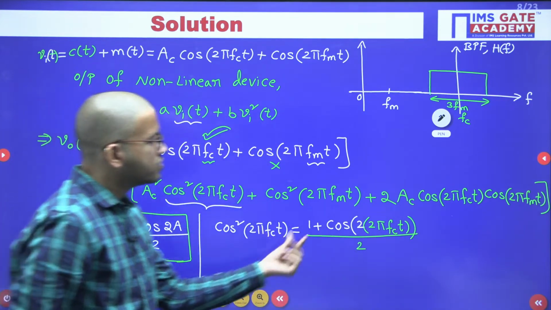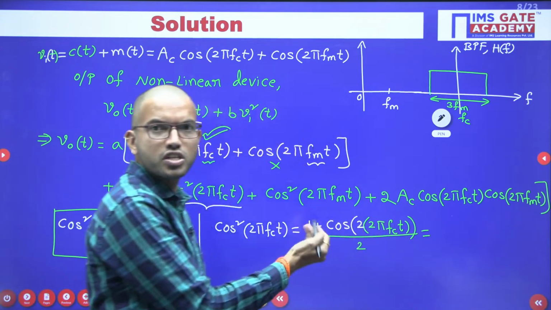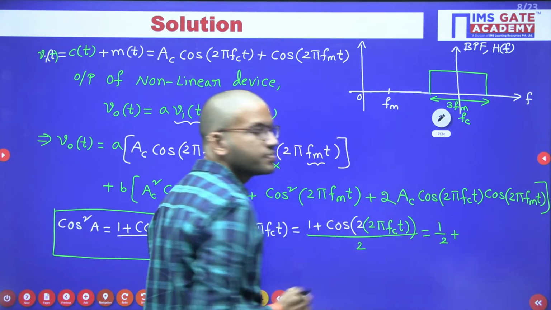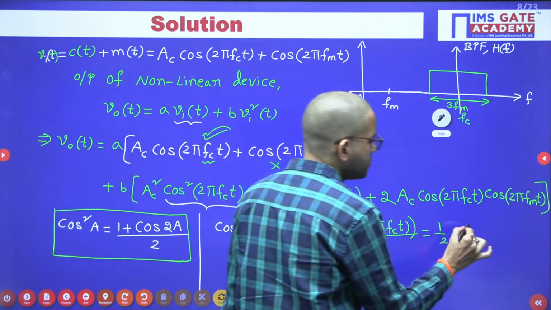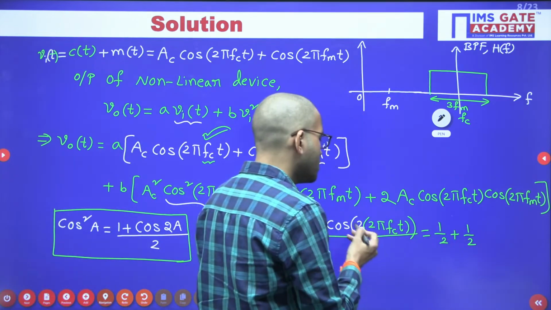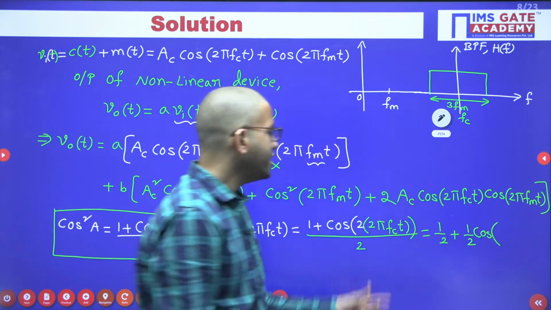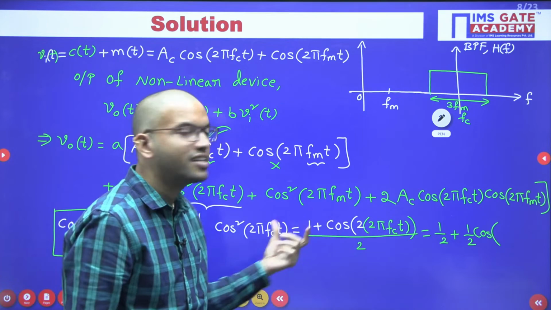Okay. So for the timing I am modifying like this. I am splitting into 2 terms. The first term is 1 by 2. What about the second term? You are getting 1 by 2. Regarding cos, I am copying as it is. But here regarding the internal term, I am just modifying in the standard format.